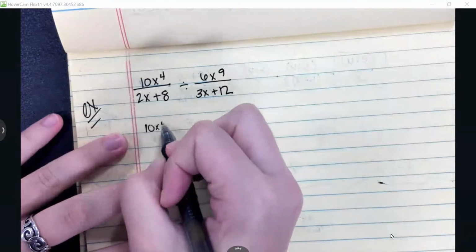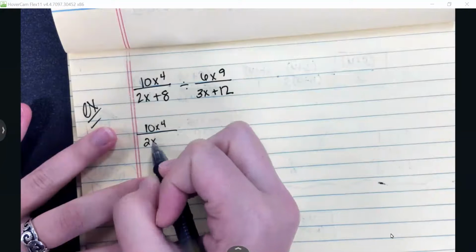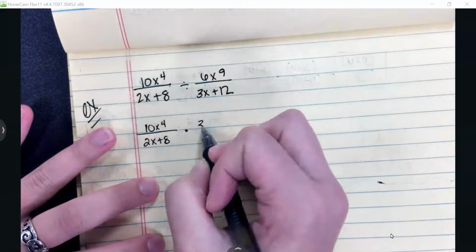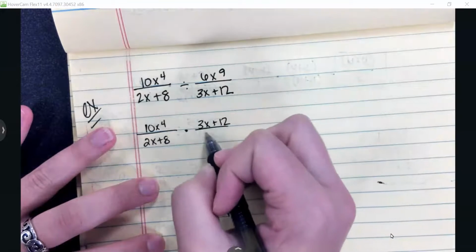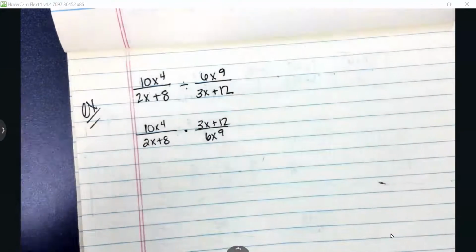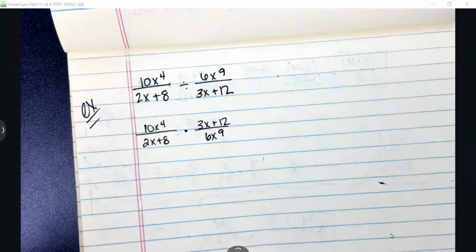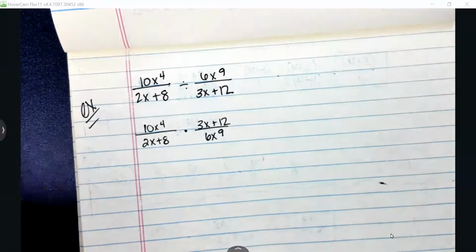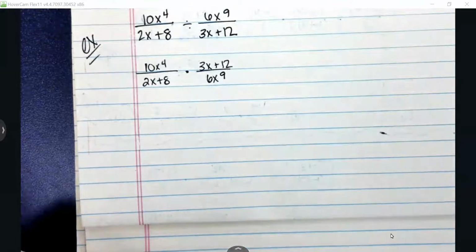So I have 10x to the 4th over 2x plus 8 times 3x plus 12 over 6x to the 9th. This problem can get very messy because there are a lot of things happening here. Where would we like to start? One person, name somewhere we can start.